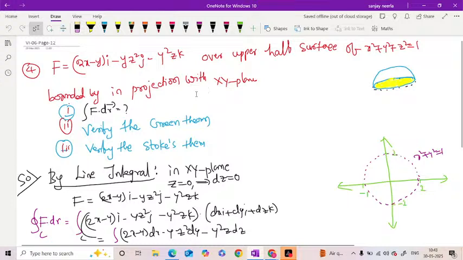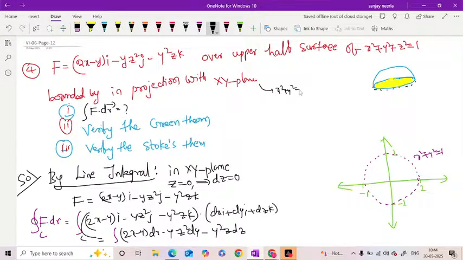Projection on the xy plane means we take z equal to 0, that is the upper view. The projection becomes a circle, and the equation of that circle is x square plus y square equal to 1 only.